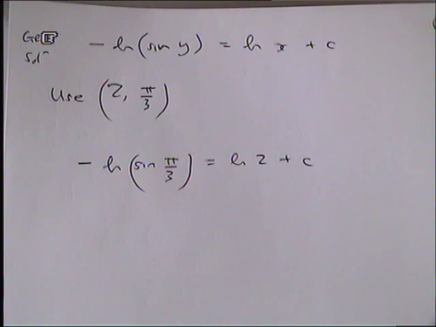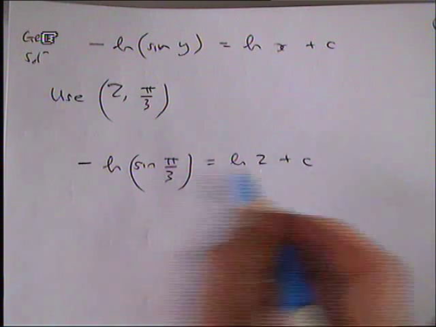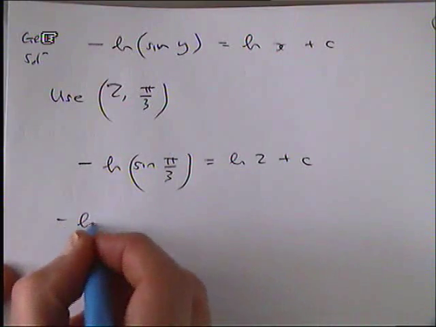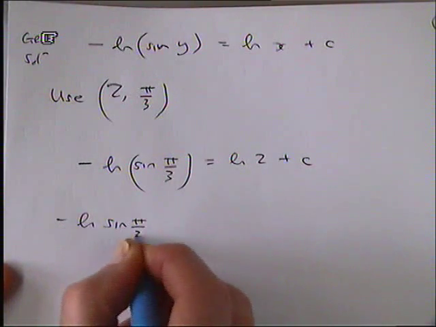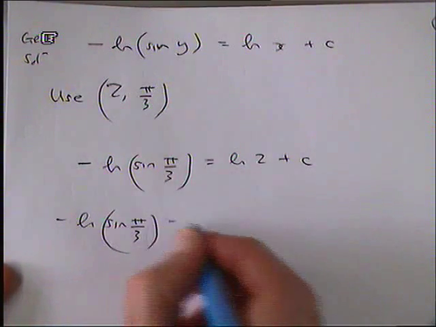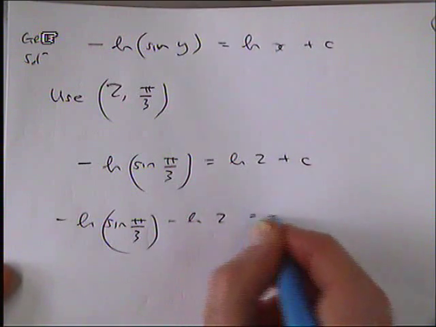What are we trying to find now? C. Trying to find c. So what should we do next? Yeah, bring that over here. So I've got minus log of sine pi by 3. That log of 2 becomes a minus log of 2, and that's equal to c.